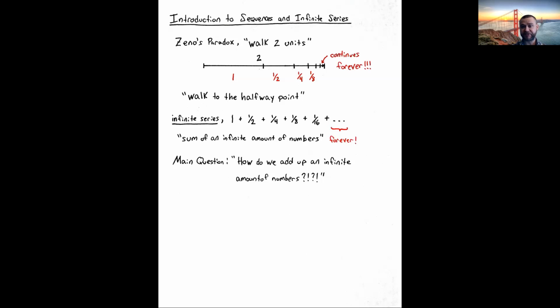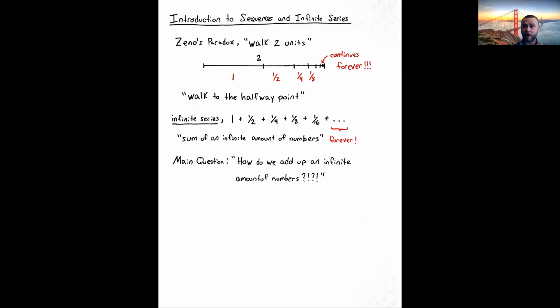What we have to address is a new conceptual question. How do we add up an infinite amount of numbers? If we were to try to sit there and just add each number in the infinite series, we would never reach the end. There would never be a point at which we can say we're done adding and then hit equals on our calculator, for instance.